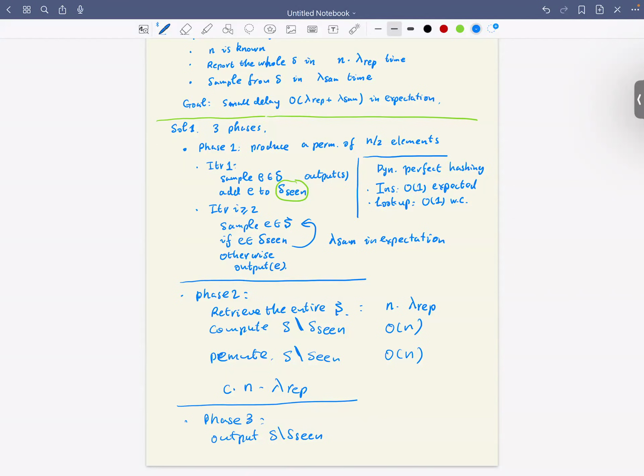Okay, good. So now here comes the big question for today, right? De-amortization. You see what I'm saying? How can you turn something like this into something that holds in the worst case? All right. So this is the moment that I said, right? So before I show you the solution, you'll be wondering, okay, how's that possible? You see what I'm saying?